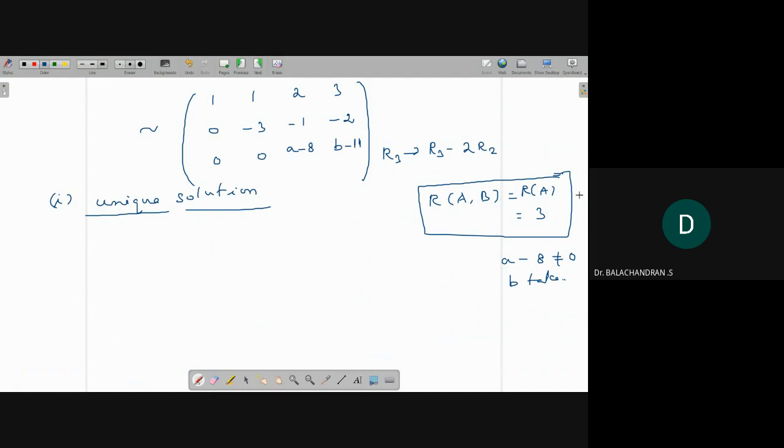So first you should know this condition, and then you should check it here. Then only you can write A not equal to 8. B takes any value, B is arbitrary.